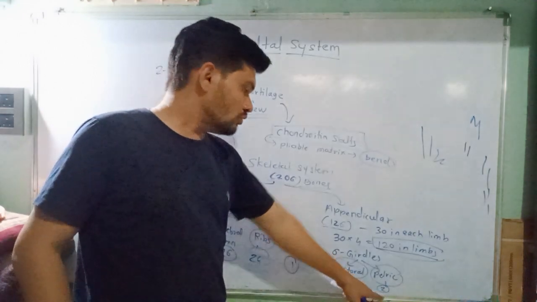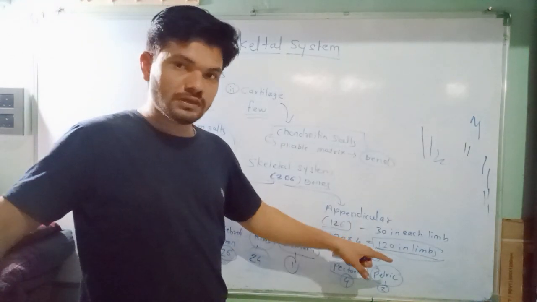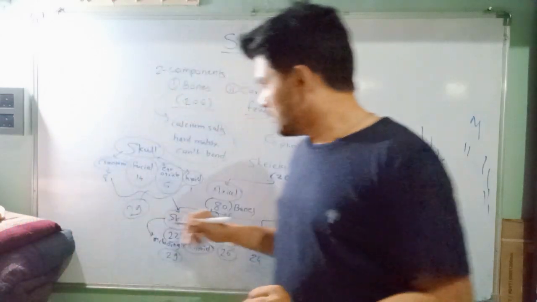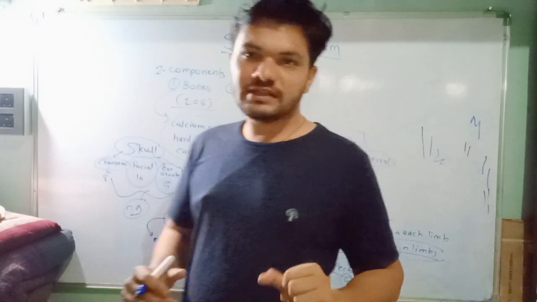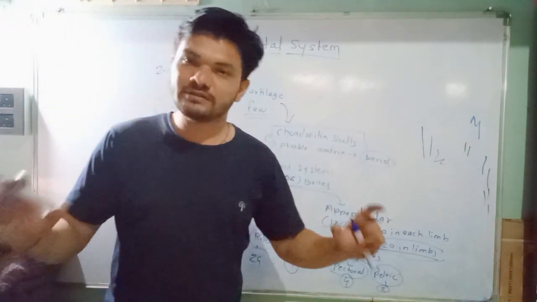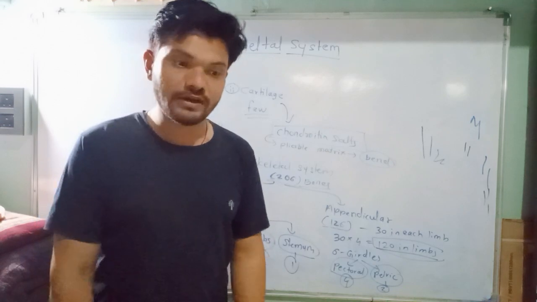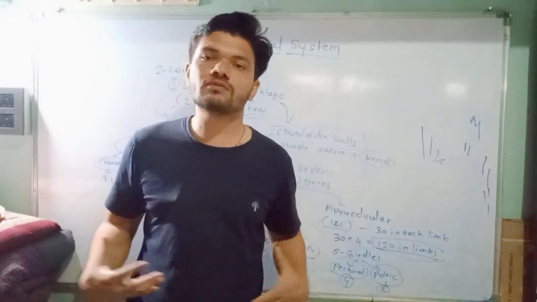So this is 2. 2 plus 4, 6. 6 plus these 120 of limbs, 126. 126 bones in the appendicular skeleton, 80 bones in your axial skeleton. So I hope it is clear. If it is not clear, just go and watch it again and clear your numbers regarding the bones present in each part of your body.